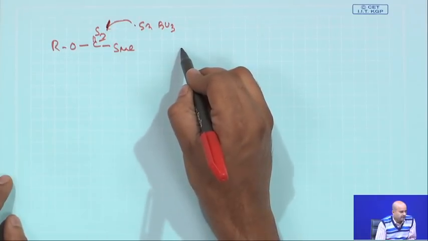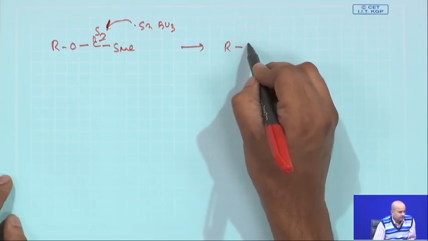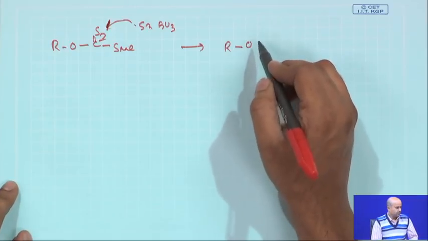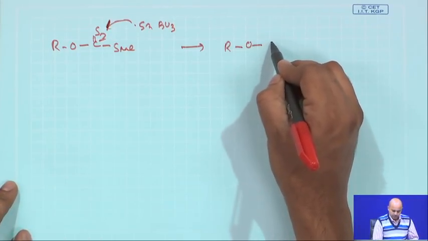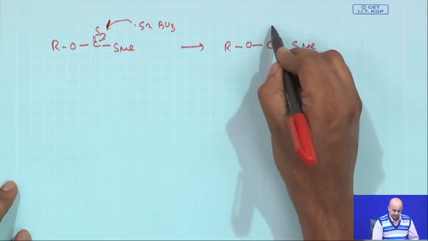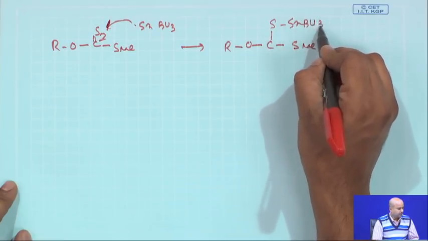And then you will find this compound will be converted to an ROC(S)SMe SnBu3.